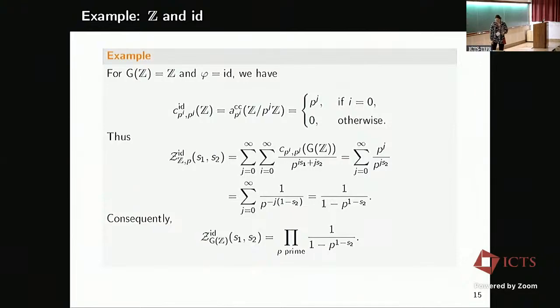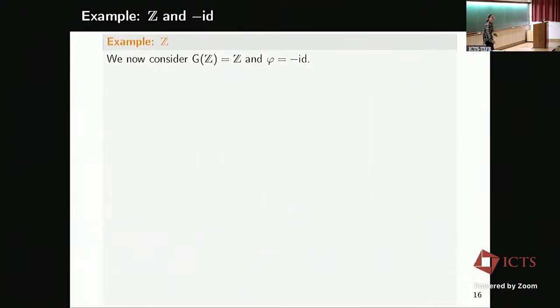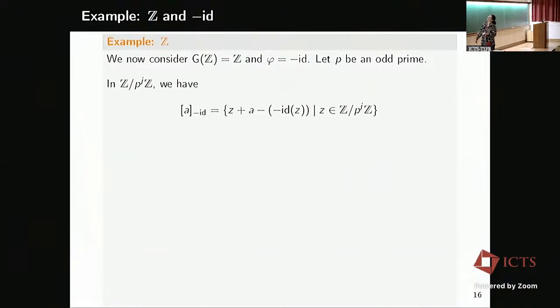Now we've seen that Z has precisely 2 automorphisms. So let us just, for fun, see what happens with minus identity. If we take minus identity, then we need to split into 2 cases because, well, we know that the class of an element a, in this case, will be given by a plus 2Z. So if P is not 2, we know that multiplying by 2 is a bijection, so we get the whole class, the whole group.